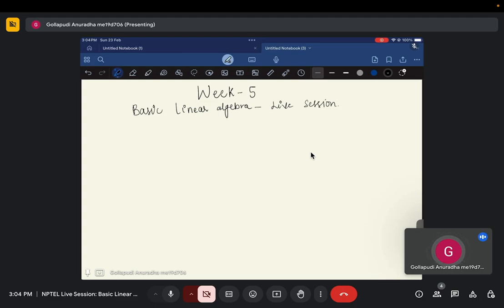So first of all, to begin with, in the last session there was a question from one of the participants saying that for all square matrices with full rank, the row space is the same as the column space.